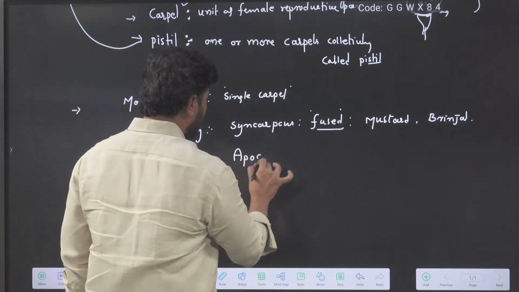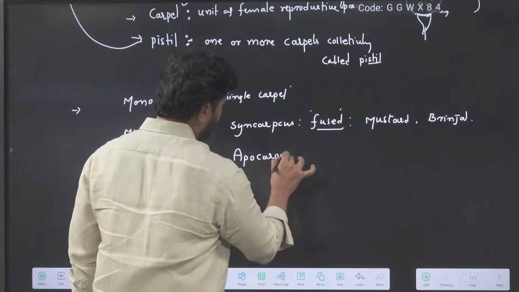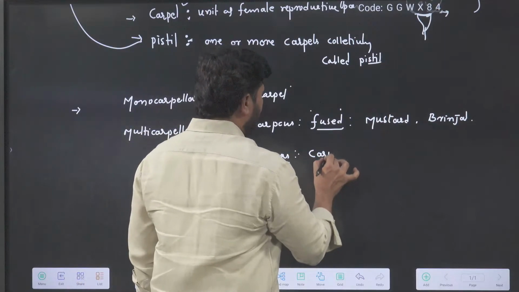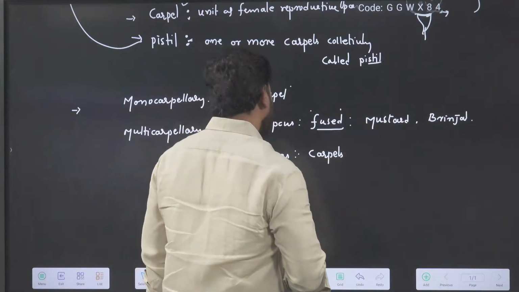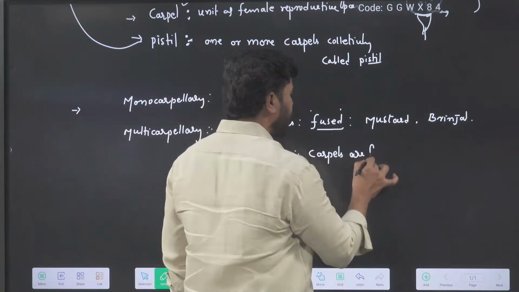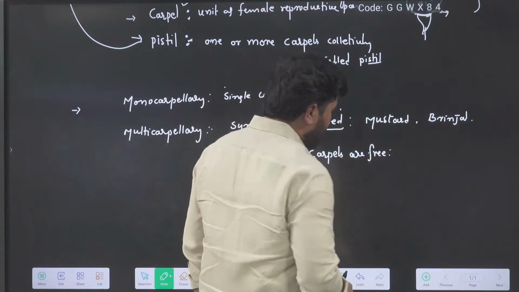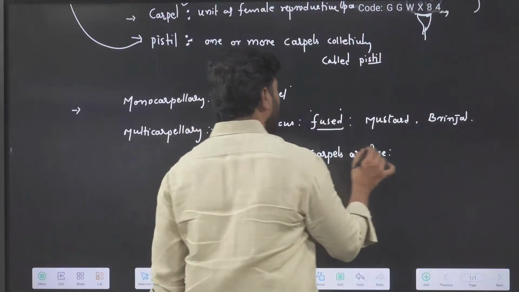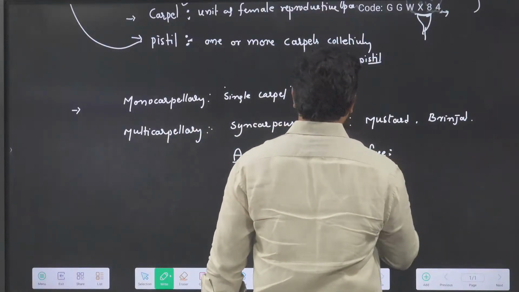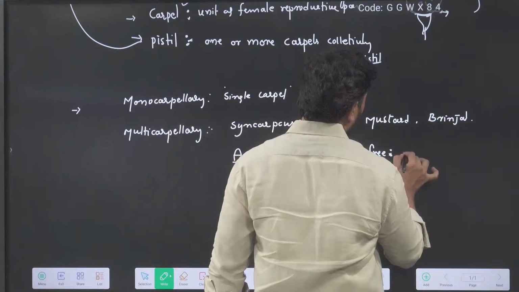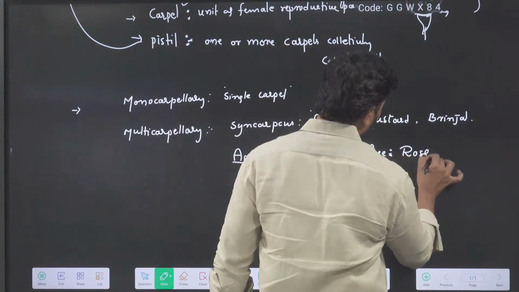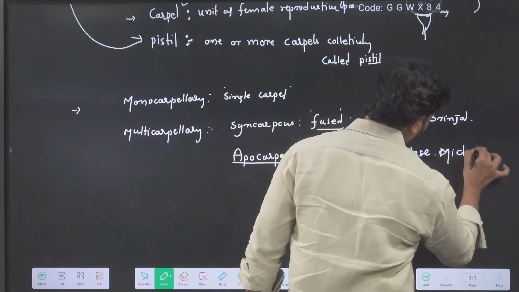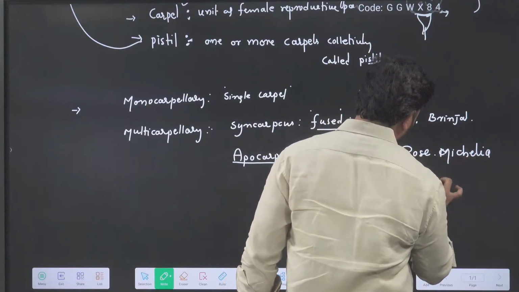Apocarpous. Carpels are free in pistils or in gynoecium. Carpels are free, they are not united. If the carpels are free, that condition we call apocarpous. Best examples: rose, Michelia, and lotus.